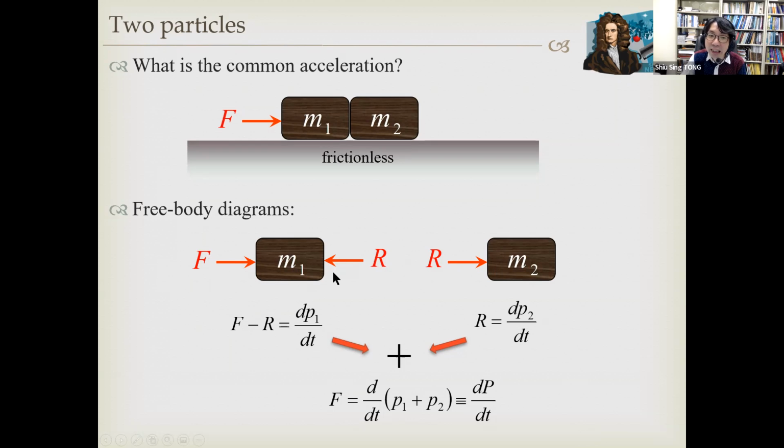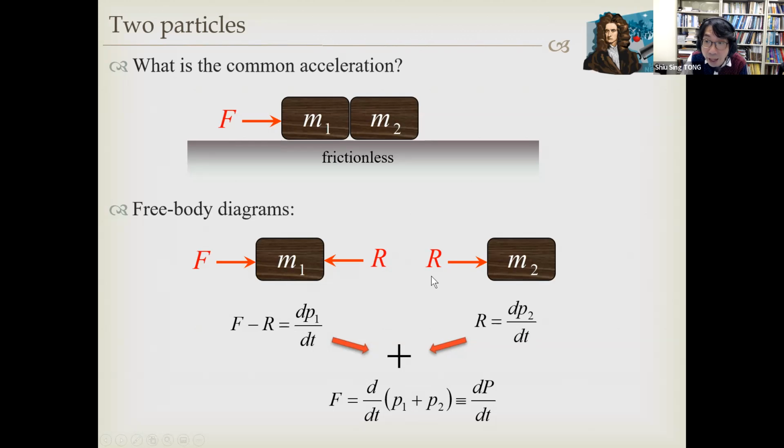So the free-body diagram tells us that the net force will be F minus R, because the two forces are in different directions. The net force is equal to dP1/dt, where P1 is the momentum of block M1. Now let's add the two equations together. We notice that when we add the equations together, the R will cancel.